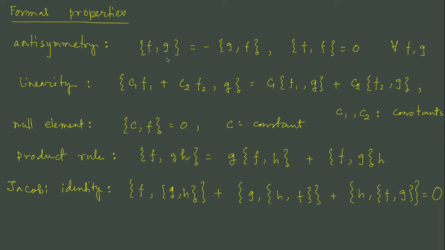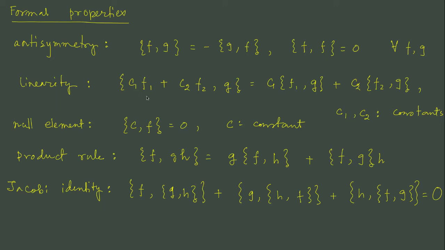You write down the Poisson bracket and then just write them in the opposite order, and then automatically it follows. And similarly, the Poisson bracket of a function with itself vanishes, because in such cases the two terms of the Poisson bracket would be identical and they cancel each other.